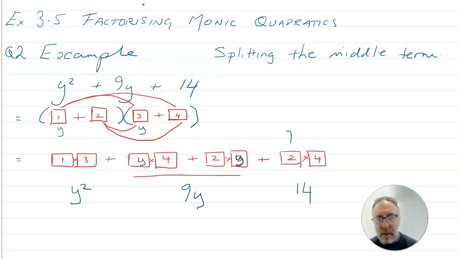So let's make box 2 7 and box 4 2, and clearly 7 times 2 is equal to 14. And if I come over here, I can see that 7 plus 2 is 9. So that actually works.